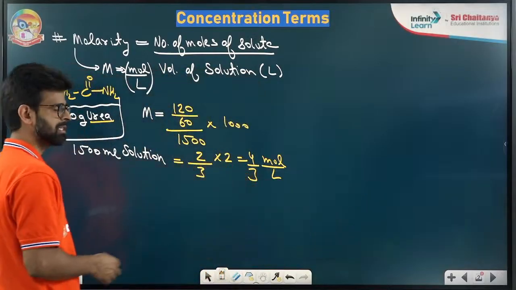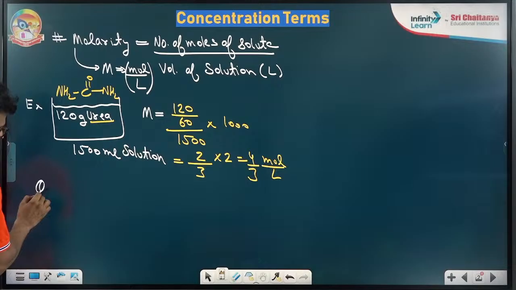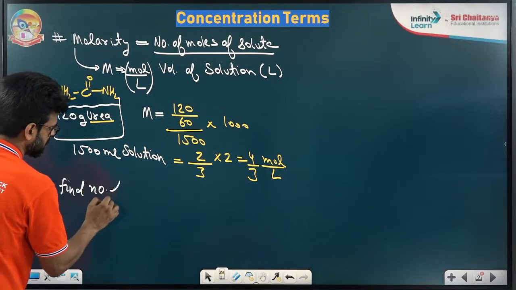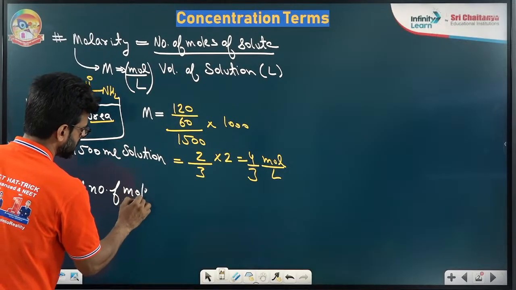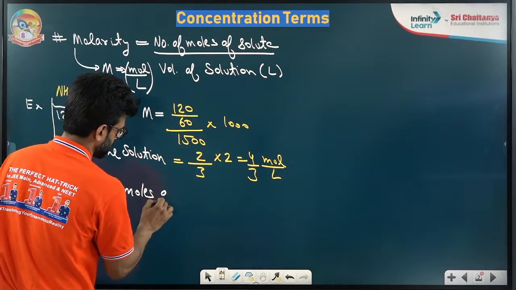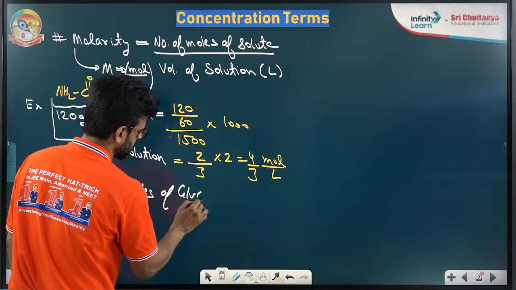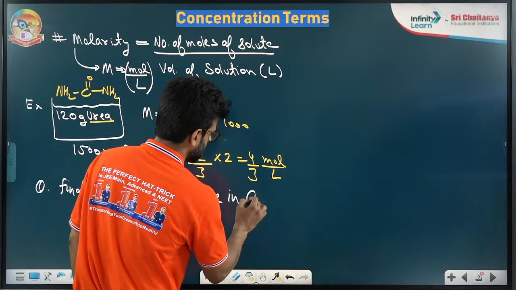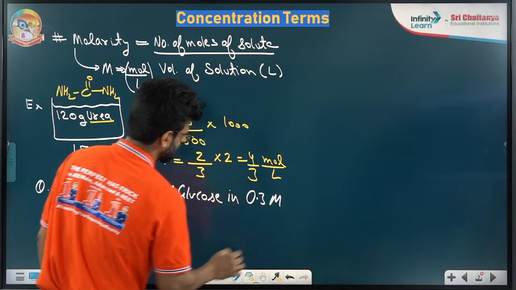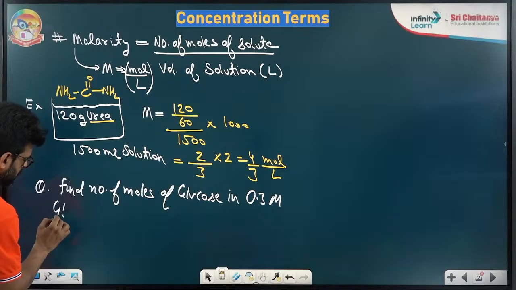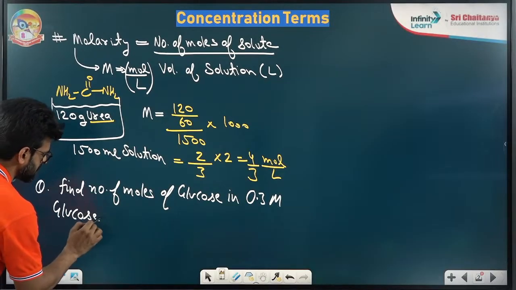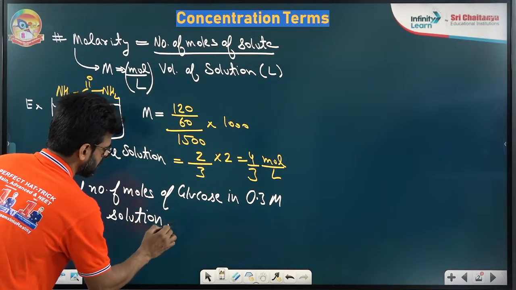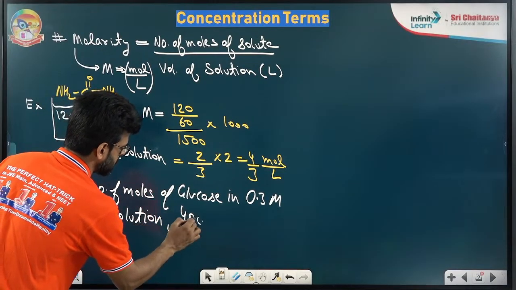Now the reverse way. Find the number of moles of glucose in 0.3 molar glucose aqueous solution, with a volume of 400 ml.